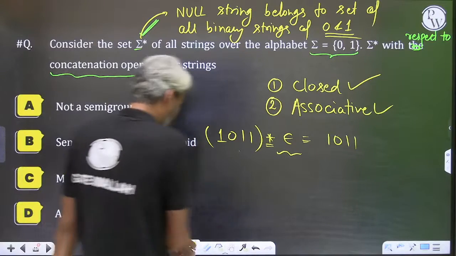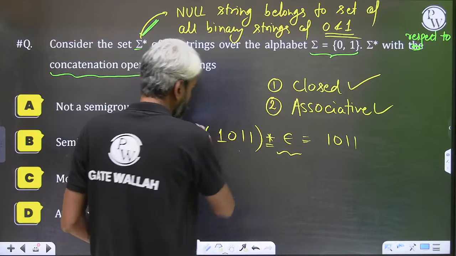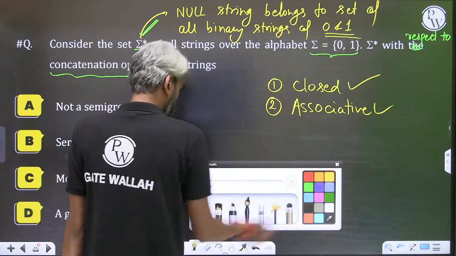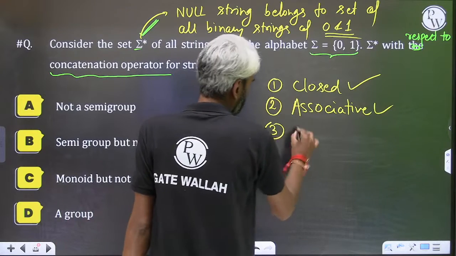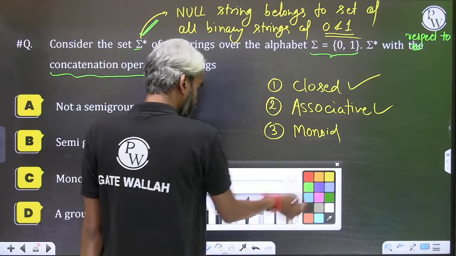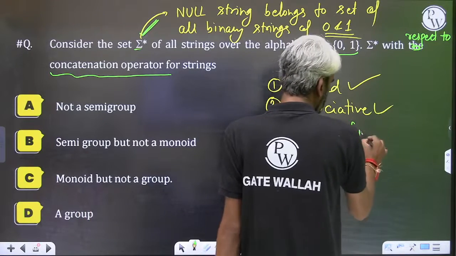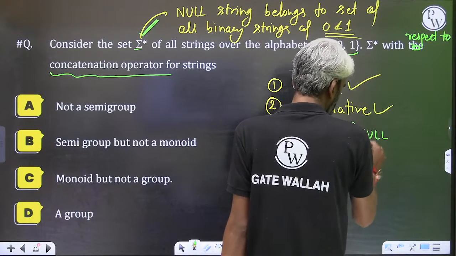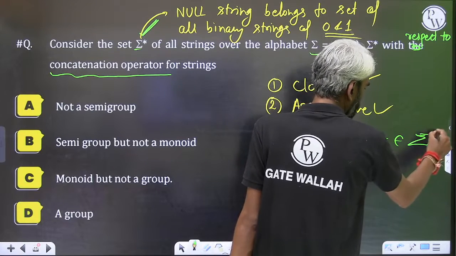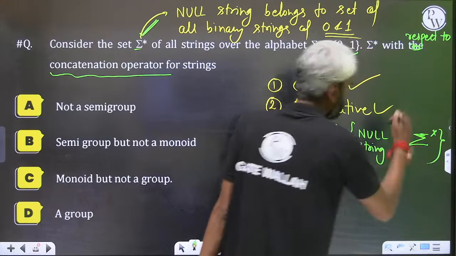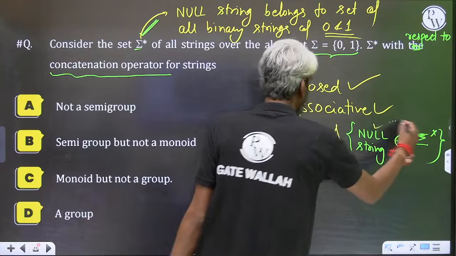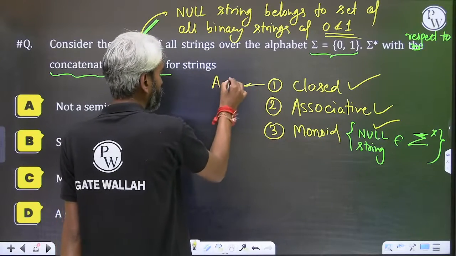The null string belongs to sigma star. Because it is closed, it is an algebraic structure.